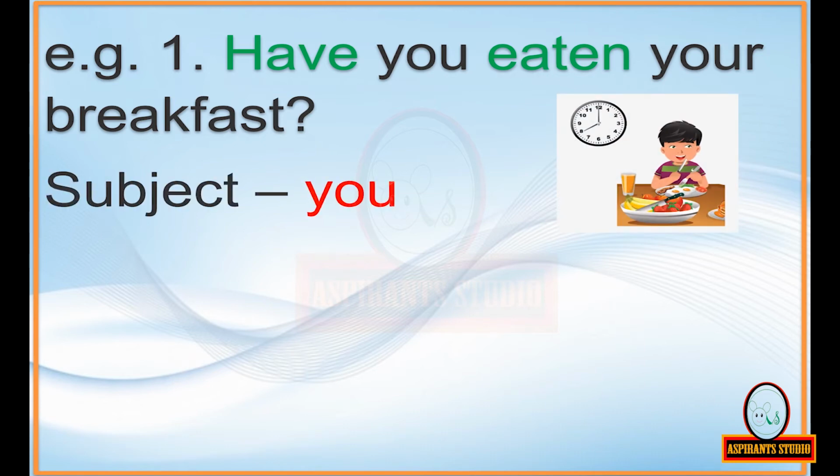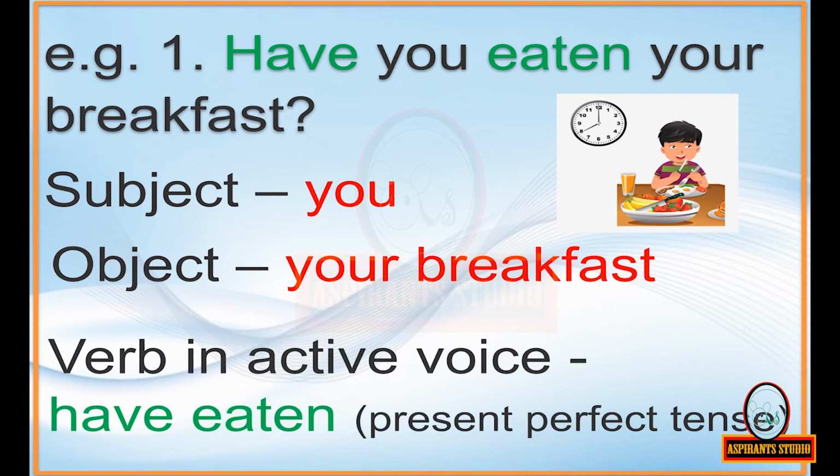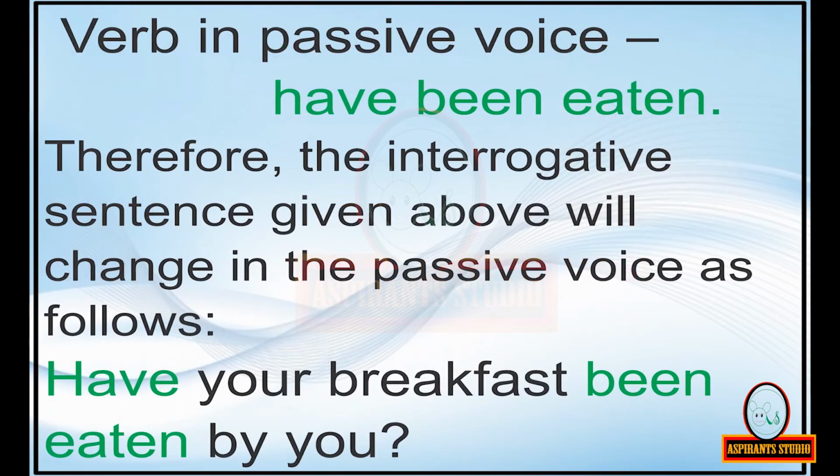Subject you. Object your breakfast. Verb in active voice. Have eaten. Present perfect tense. Verb in passive voice. Have been eaten. Therefore, the interrogative sentence given above will change in the passive voice as follows. Have your breakfast been eaten by you?